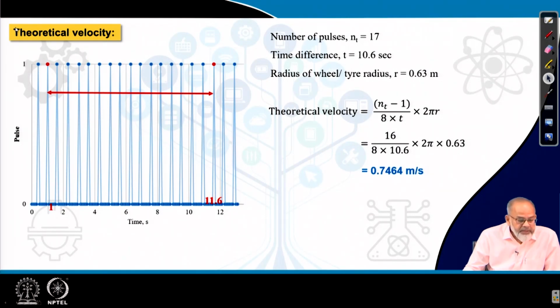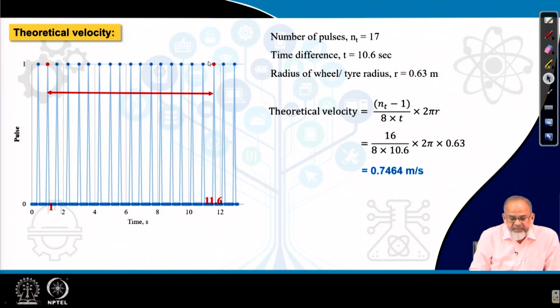For example, here we have got so many spikes. I have indicated one spike with red and another spike with red here. The difference between these two is the time duration, which is 10.6 seconds. Now, what is the number of spikes we count? 1, 2, 3, up to 16.